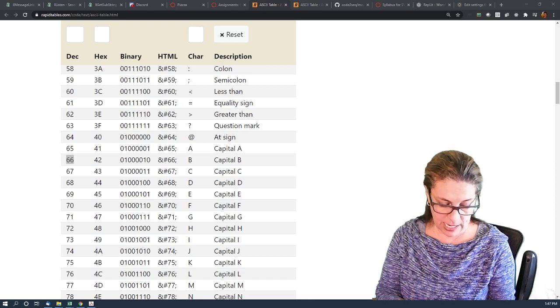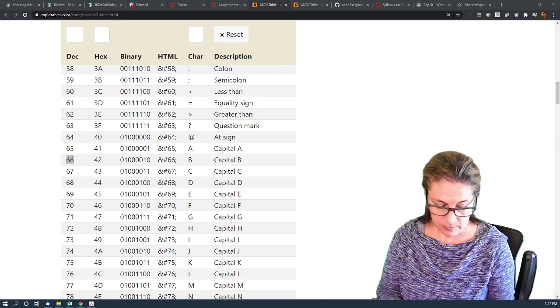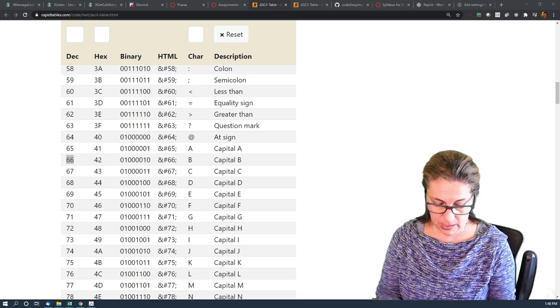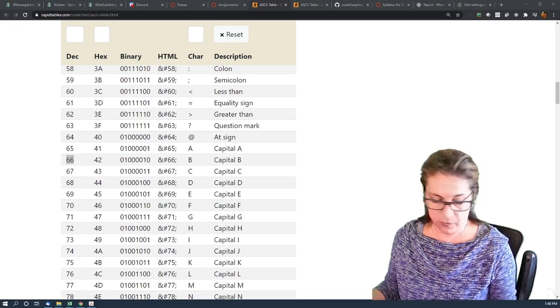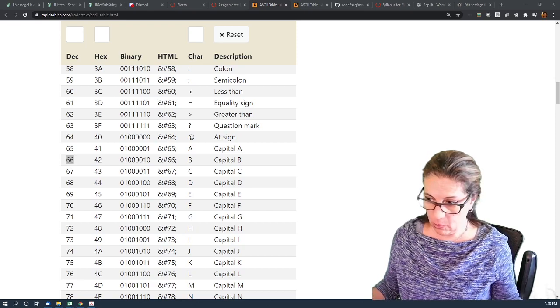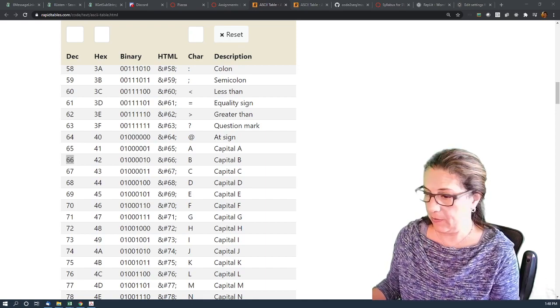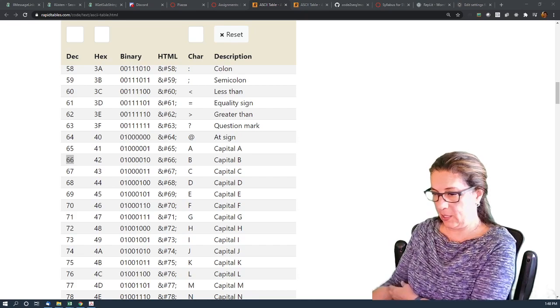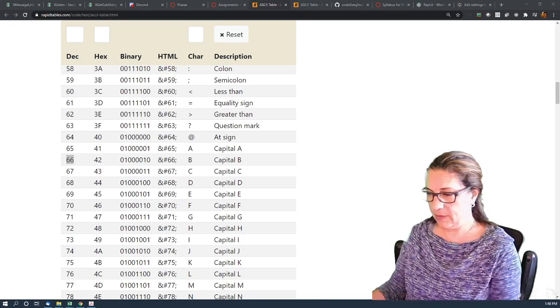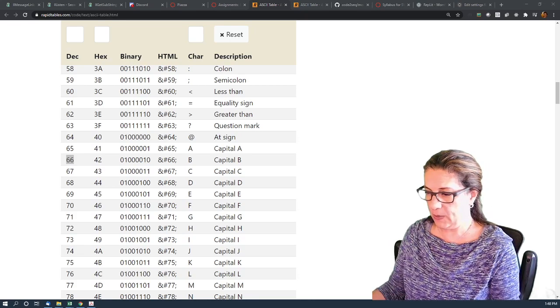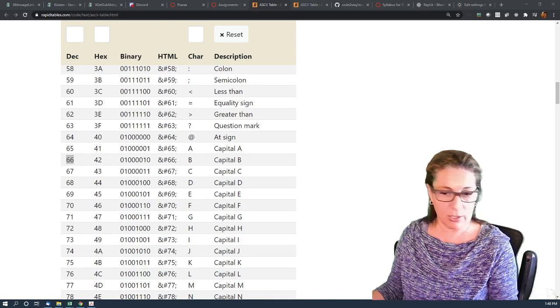And then 1 divided by 4 is 0, remainder 1, I believe. So on this bottom here, if I did the calculations correctly, this should be a capital B down here.